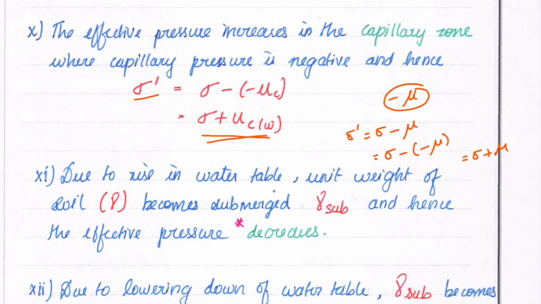Due to a rise in the water table, the unit weight of soil becomes submerged, gamma submerged, and hence the effective pressure will decrease. Why? Because the unit weight of the soil becomes submerged, so the effective stress decreases.